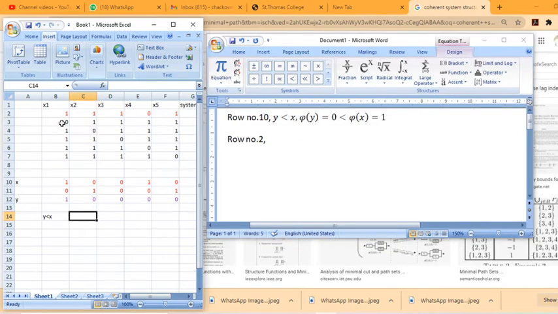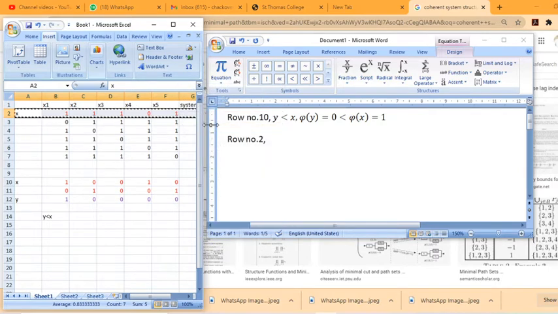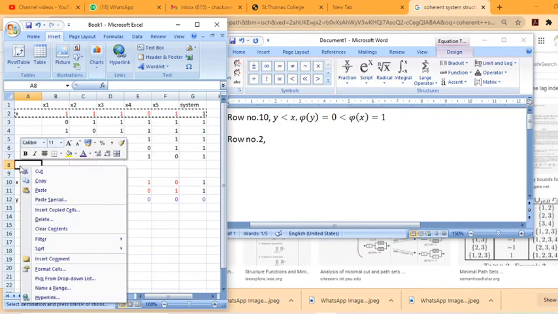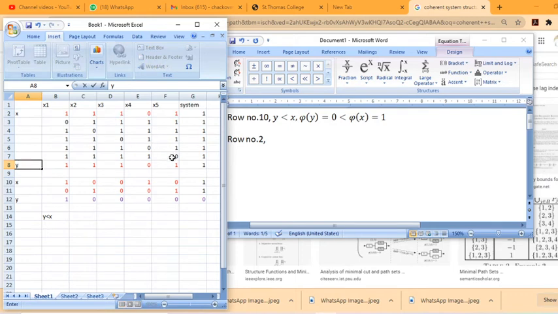What is y here? This is x, and the corresponding y is this one.